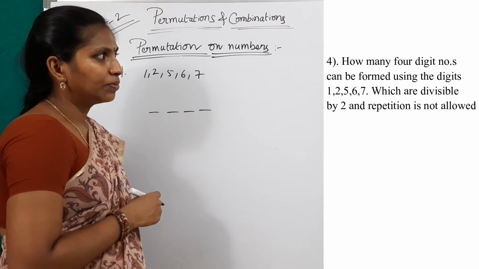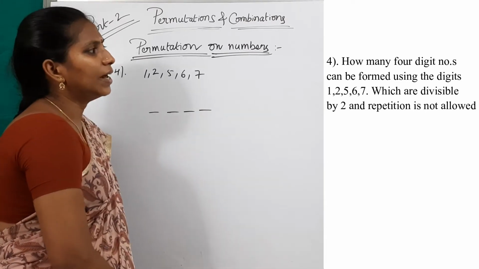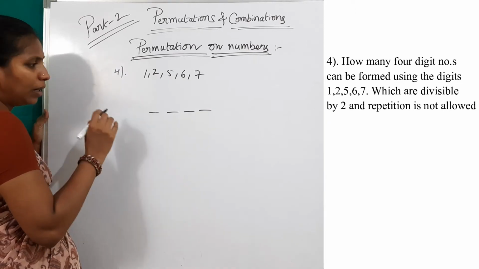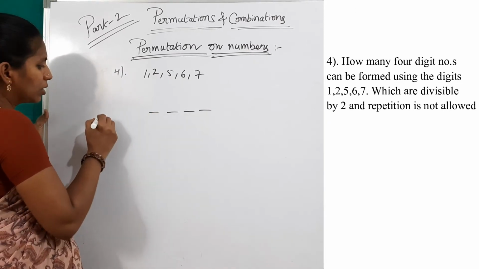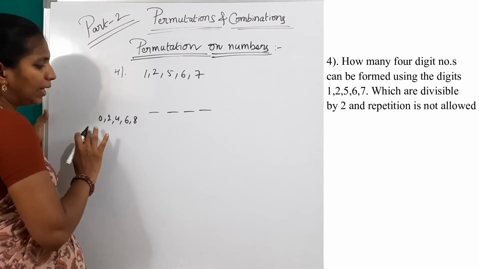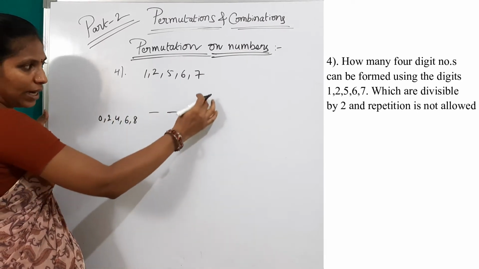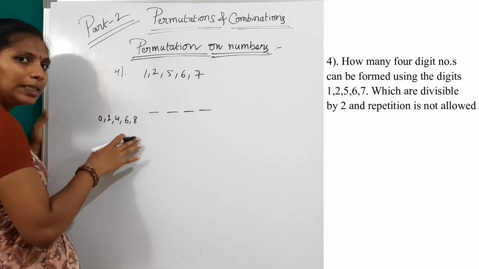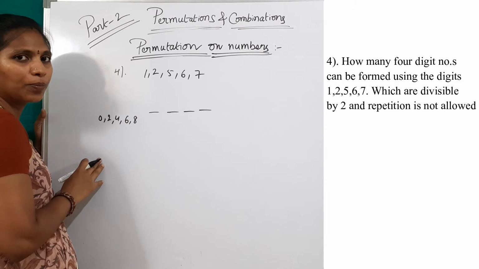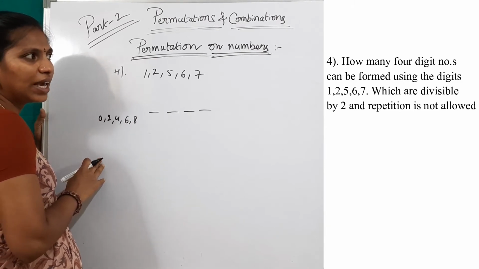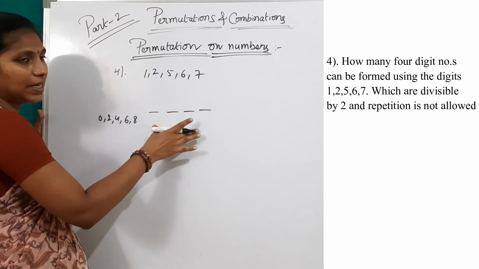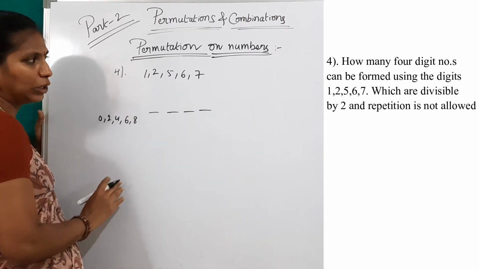What is the condition here? Divisible by 2. If any number has 0, 2, 4, 6, 8 at units place, then that number is divisible by 2. Yes or no? So the condition is to form the numbers using these digits which are divisible by 2.